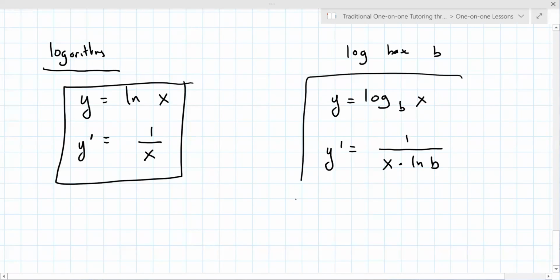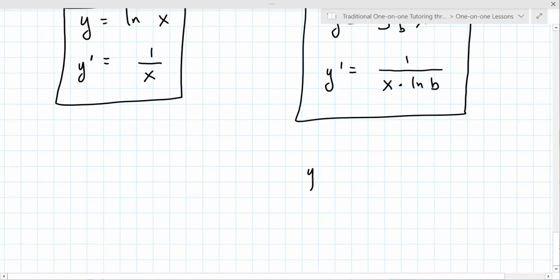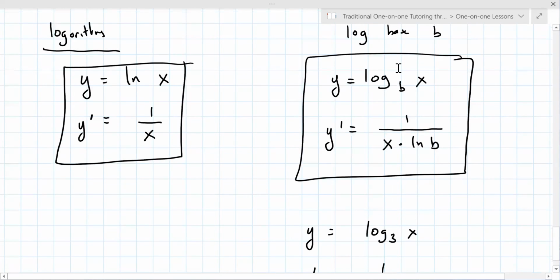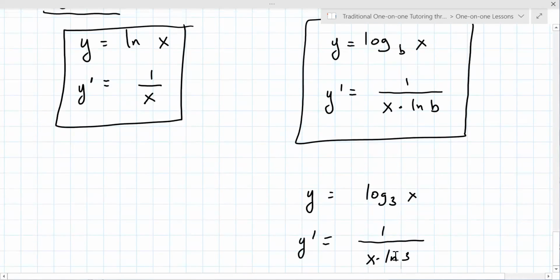Let me give you an example: y equals log base 3 of x. The derivative is 1 over x times the natural log of 3. That's this rule right here. Whatever the base is, 3, you have to put that in here on the bottom.